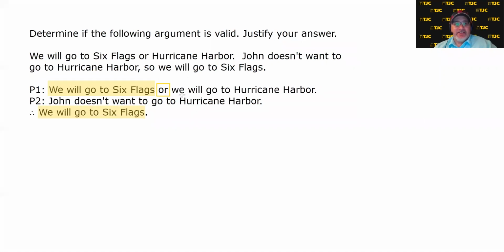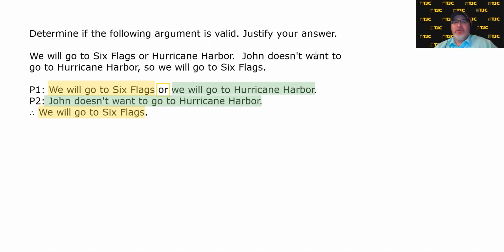And the second statement in the disjunction is we will go to Hurricane Harbor. Is that the second premise? I know the second premise is about John, and the second statement in the first premise is about we. But again, you have to be flexible with subjects and verb tense, as long as it's conveying the same idea.